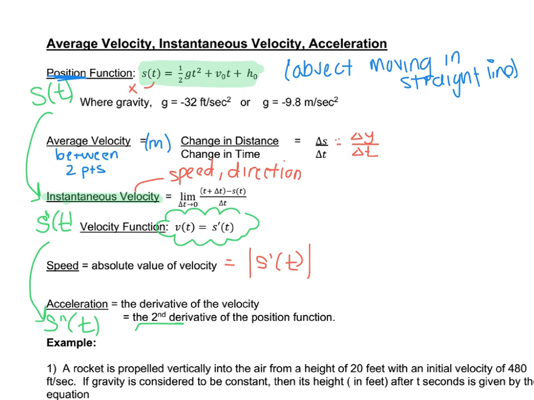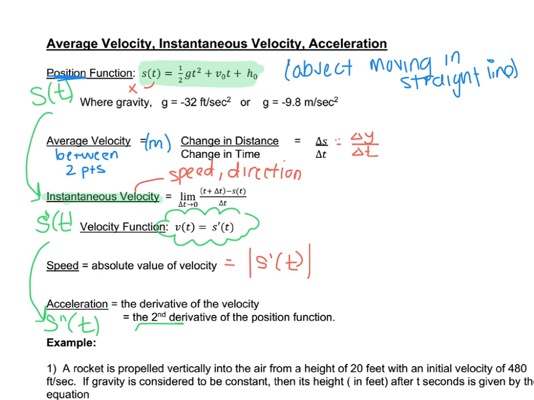So we have these derivatives within derivatives, and we could even go into higher order derivatives, which we will later on in this chapter, but for the sake of these physics problems, we're just going to be moving up to the second derivative, which tells us acceleration. So I know there's a lot of stuff right here in this top half of this page. The important thing to know is the first derivative is instantaneous velocity, the second derivative is acceleration. And then we have speed here, which again is just the absolute value of the velocity.